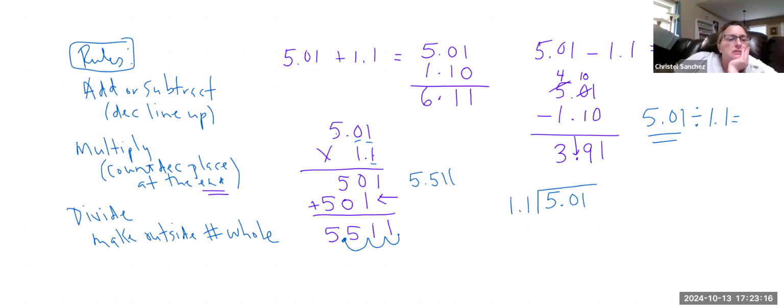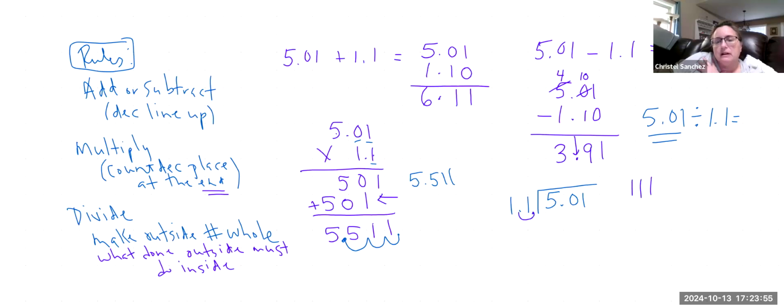So remember, when we do division, it has to be divided by a whole number. Okay, so we're going to make this outside number a whole number. And whatever we do to the outside, we have to do to the inside. So what's done outside must do inside. So I'm going to take this decimal point and move it one place to the right to make that an 11.